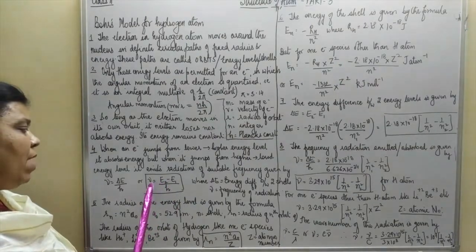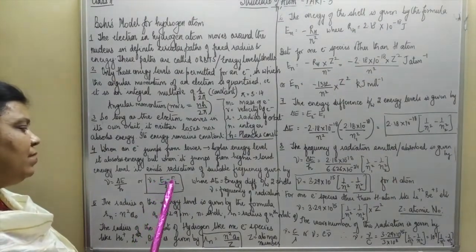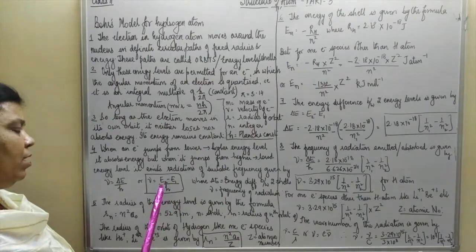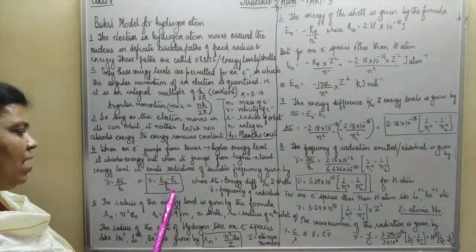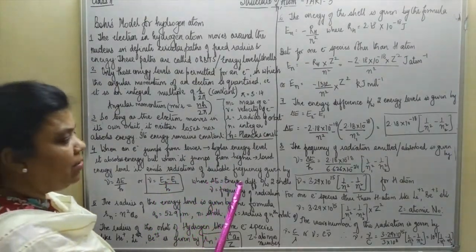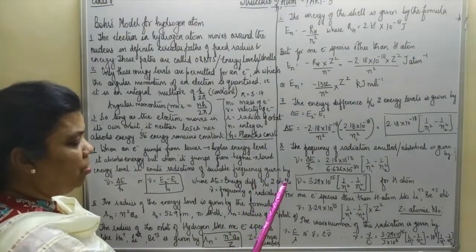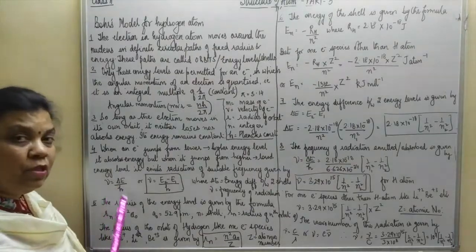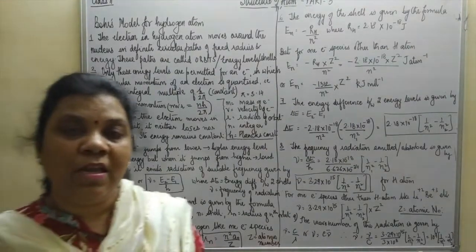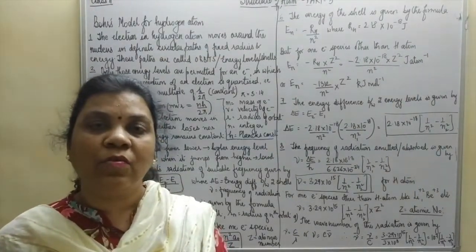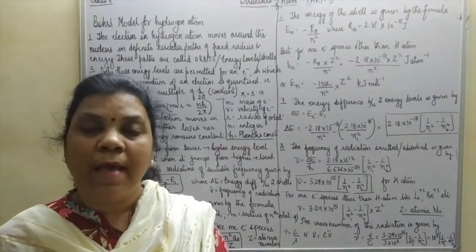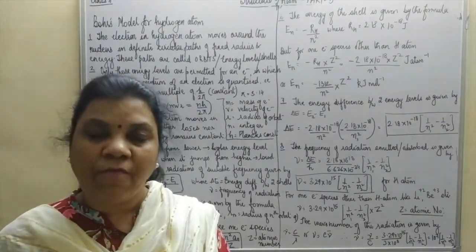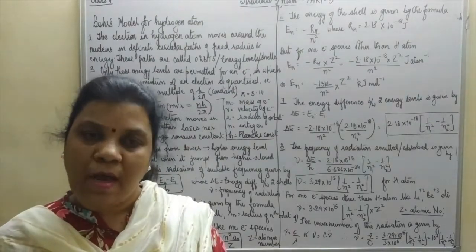So nu is given by delta E divided by h, where delta E is the energy difference between the two energy levels and nu is the frequency of radiation which an electron is going to emit or absorb when it is moving from one energy level to another.